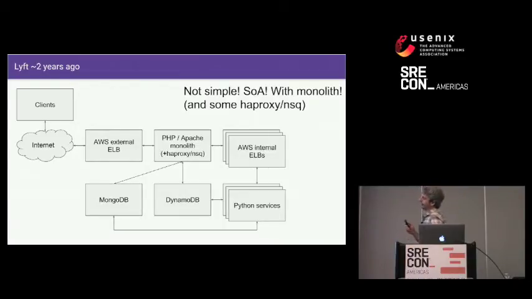We have a whole bunch of different libraries that people are actually using. We've got our PHP service-to-service libraries. We've got our Python libraries. We've got different libraries talking into our data stores, whether that be Dynamo or Mongo.